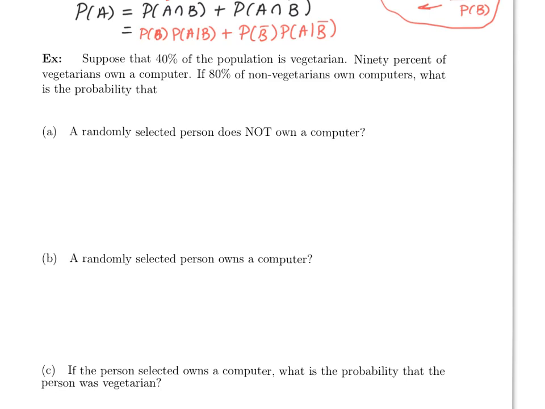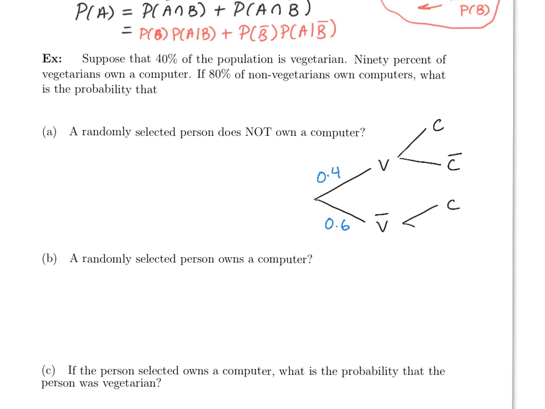Suppose that 40% of the population is vegetarian. So the person is either vegetarian or the person is not. So this is telling you that 40% is vegetarian. That implies that 60% is not. Now, if the person is vegetarian, they either have a computer or they don't have one.